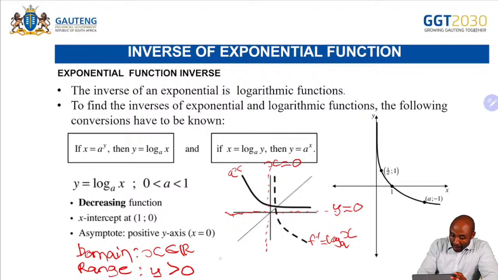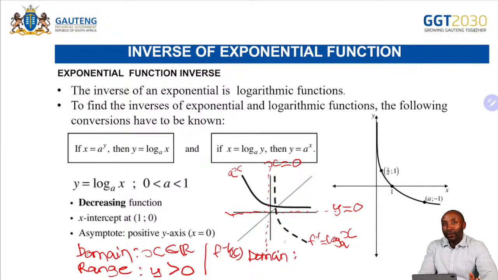But if we look at f inverse, which is the logarithmic function, if you check our domain now, you are able to see that our graph is not defined on the negative side of our x values. Hence, our domain is now x greater than 0.